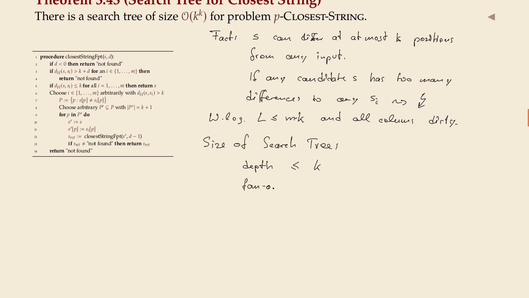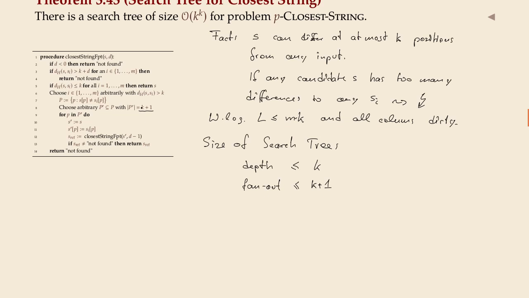And the second thing, the fan out, so the arity of the tree, if you like, is just given by k plus 1 here. Maybe I'll write less or equal, because it might happen that one of these is finishing early and then we don't even start the next one.